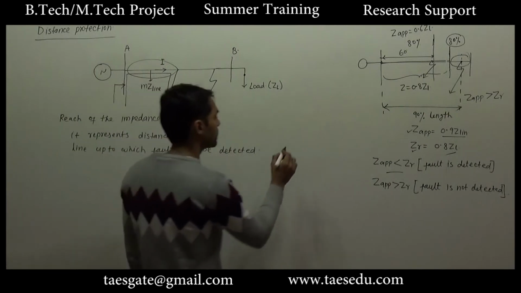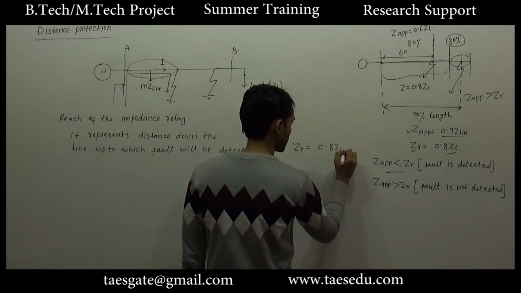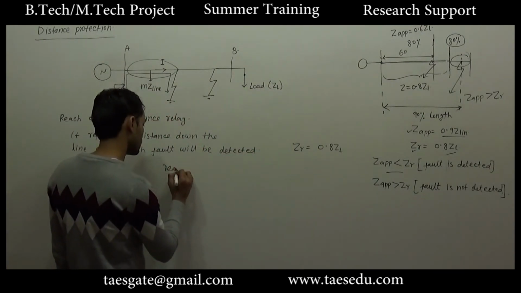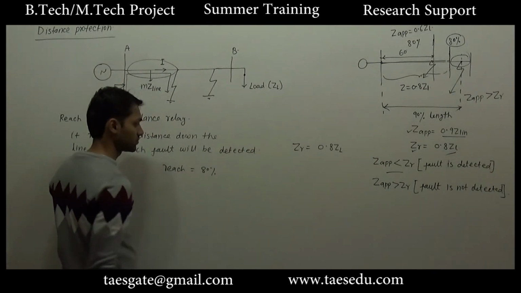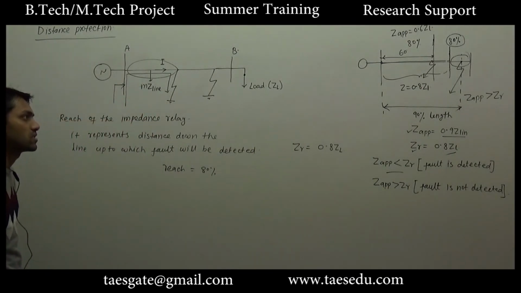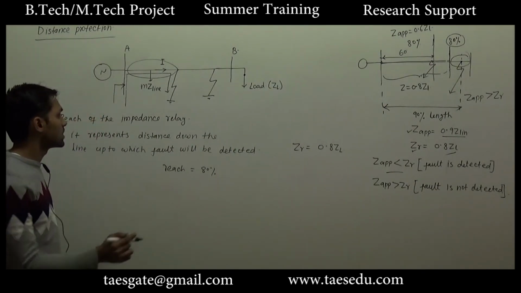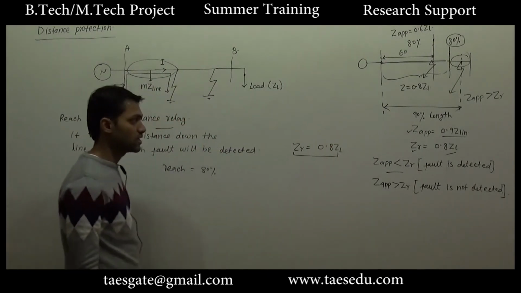Suppose for this line, if ZR is set at 0.8 ZL, the reach of the impedance relay will be 80% only. Up to 80% from the source, if a fault occurs, that fault will be detected. Beyond 80% length of the line, a fault cannot be detected using an impedance relay having reference impedance equal to 0.8 ZL.